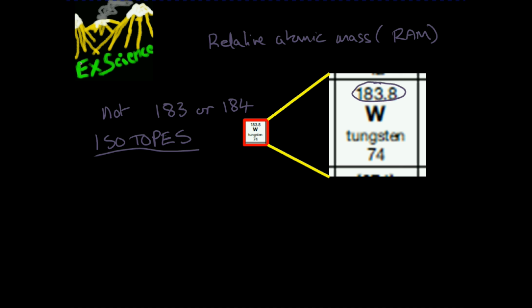For a single isotope of an element, often called monoisotopic, you can calculate the number of neutrons by subtracting the number of protons from the atomic mass number.